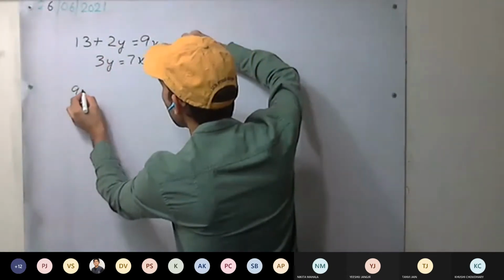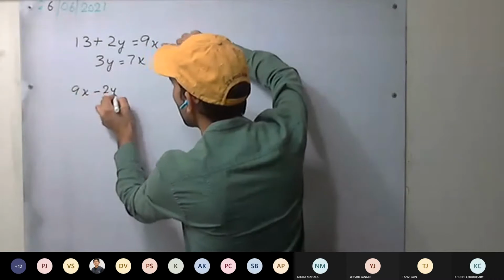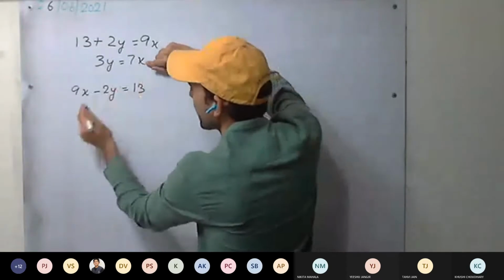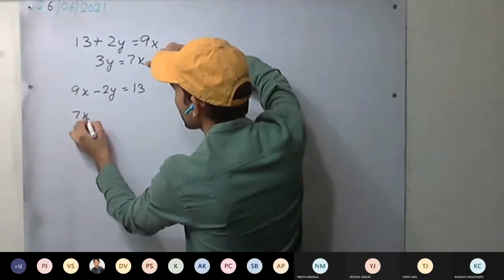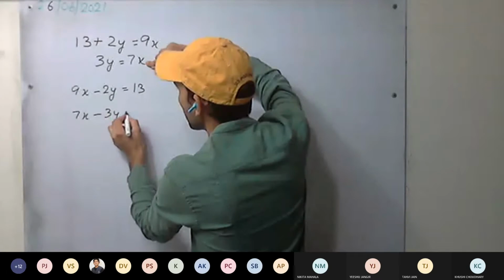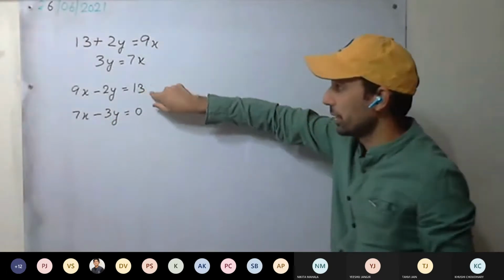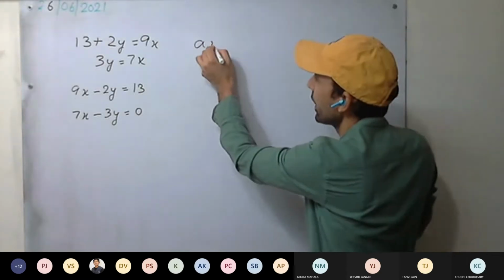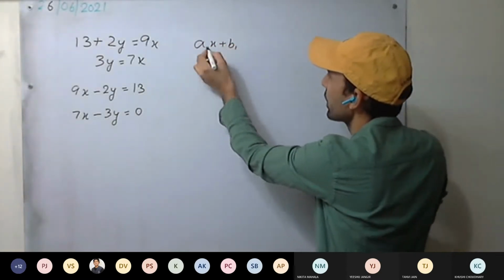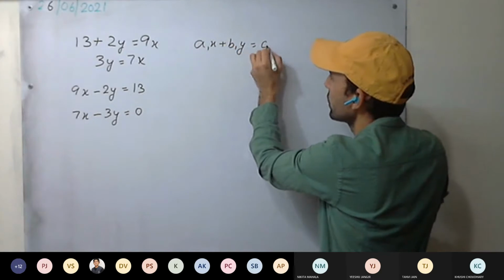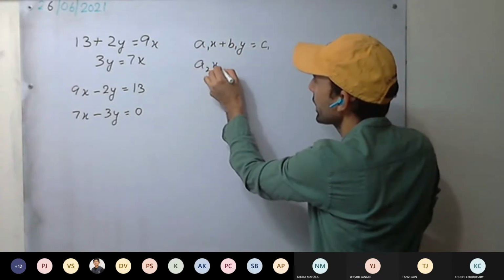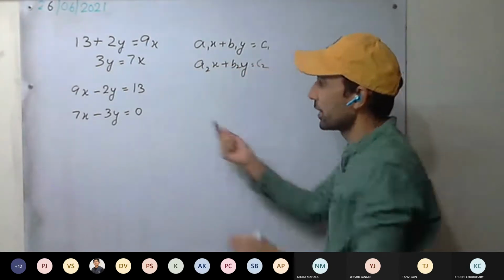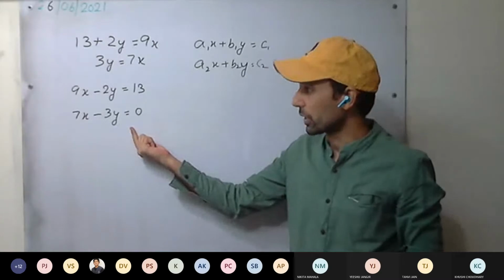So this equation will be 9x minus 2y equal to 13. And the second equation, 7x minus 3y equal to 0. In this form, that is a1x plus b1y equal to c1, and a2x plus b2y equal to c2, we have written both equations.